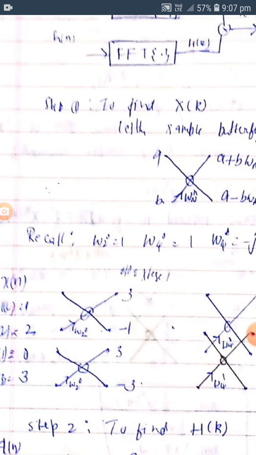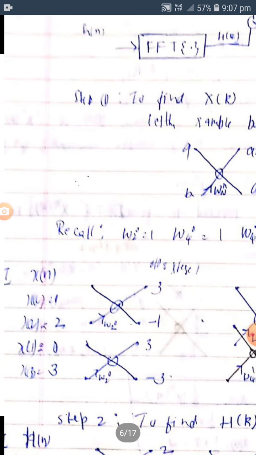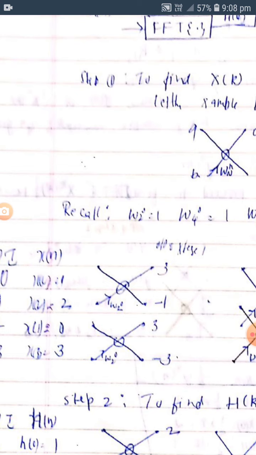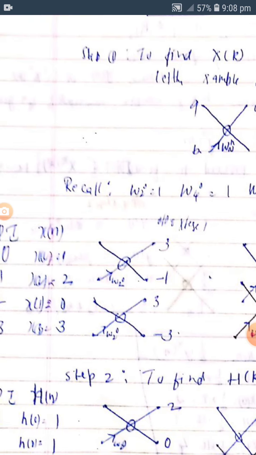Then in the next group, x of 1 and x of 3. The first line will be x of 0, that is 1. Then x of 2, its value is 2. Then x of 1 will be 0. Then x of 3 will be 3.